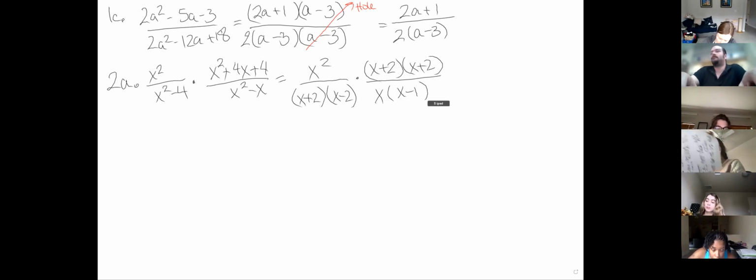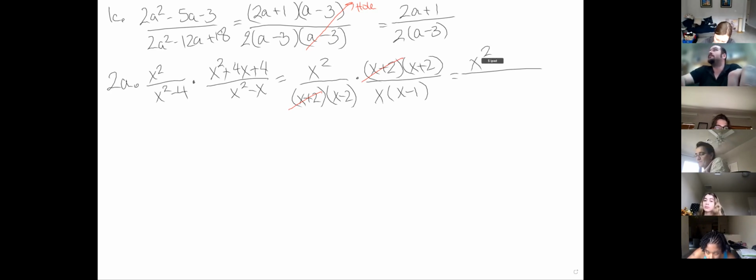You take out an x and then it would be x minus 1. Okay. And then anything we can cancel? You can cancel the x plus 2 from the bottom left and the top right. And technically, if this was a graph that we were graphing, that would make a hole. Yes. All right. So now we can just multiply.